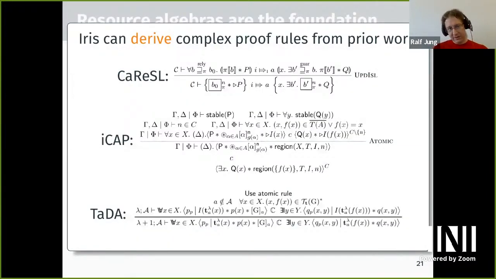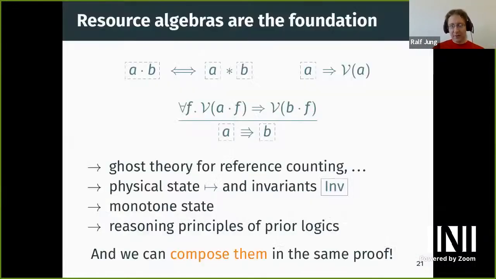So where in logics like Caresses, iCAP, and TaDA, we had complicated proof rules that were directly at the basis of the logic and had to be justified by doing proofs in the model of those logics, and those were complicated proofs, we can now have those same reasoning principles, but derive them at a much higher level of abstraction from our notion of resource algebras. And crucially, because they are now all derived from the same framework, we can compose them in the same proof.